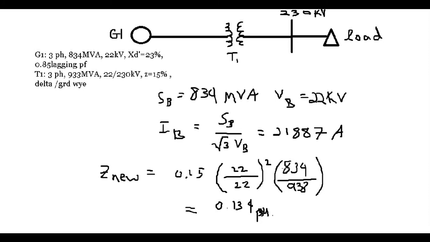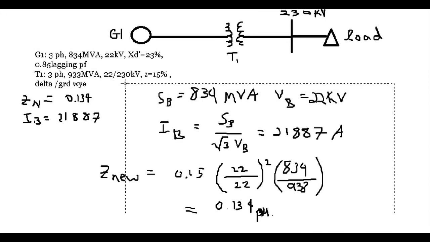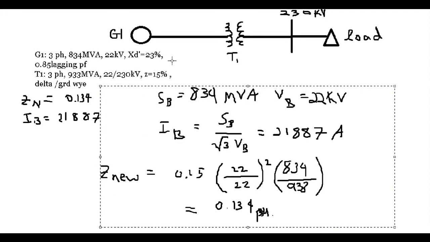Sorry, I read that really sloppy. Okay, I'm going to write these over here. Z new is equal to 0.134. I base is equal to 21,887.